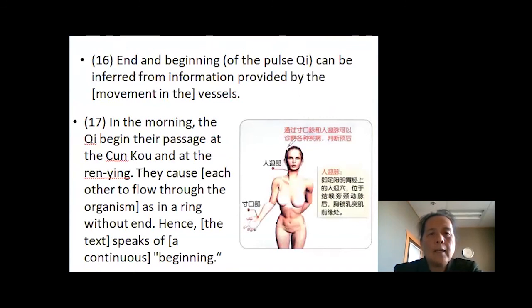So the answer here: the ending and the beginning of the pulse mainly concern the relationship of the internal movement of qi and blood in the channels or blood vessels. That's more important. Through the pulse, we can know qi and blood levels.